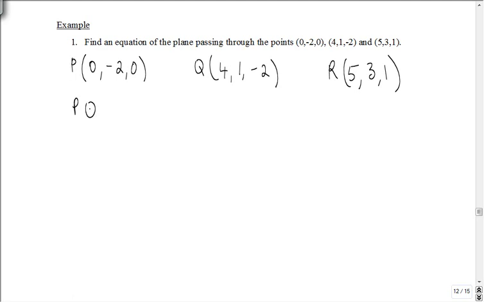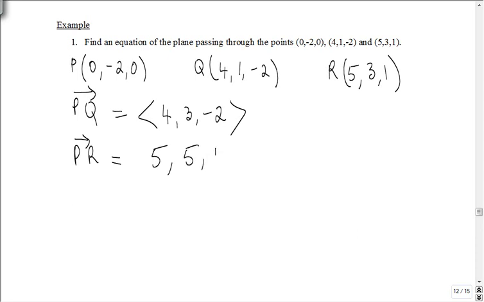So PQ, we subtract and we get (4, 3, -2). PR, (5, 5, 1).